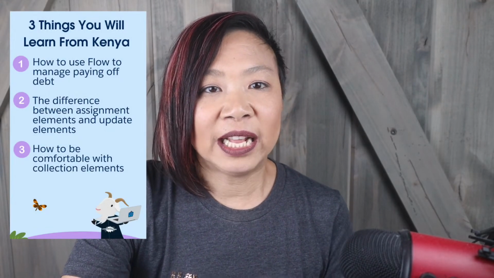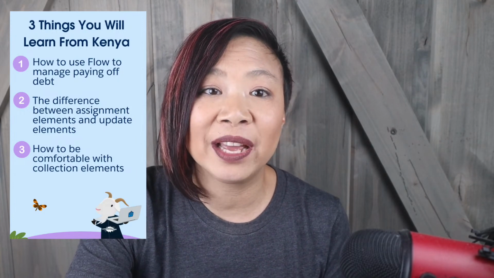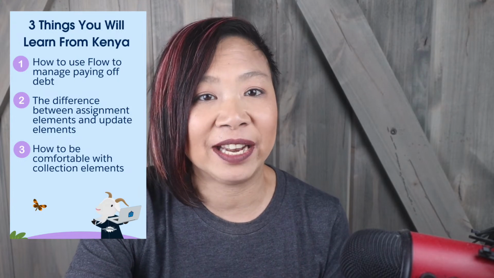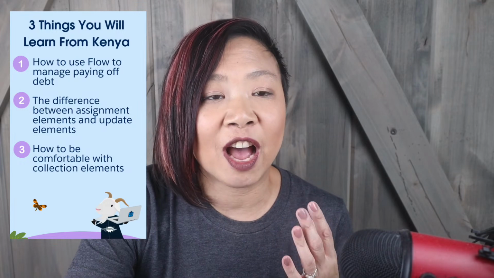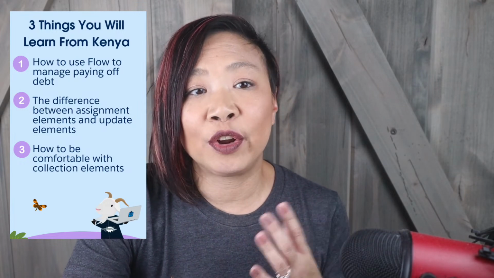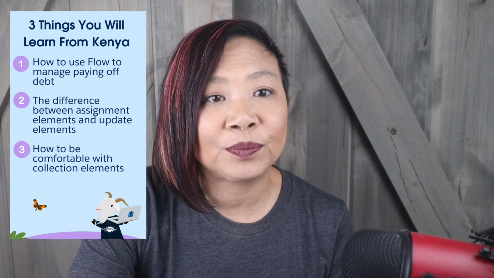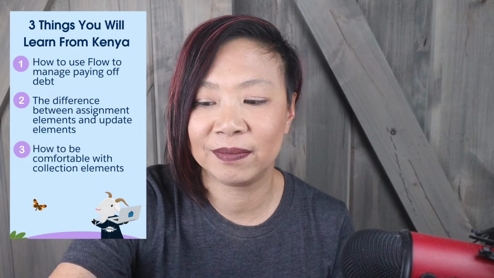So let's take a look at what you're going to learn in today's episode from our two guest presenters. Here are 3 things that you will learn from Kenya: how to use Flow to manage paying off your debt, and learn the differences between an assignment and update elements, and how to be comfortable with collection elements.